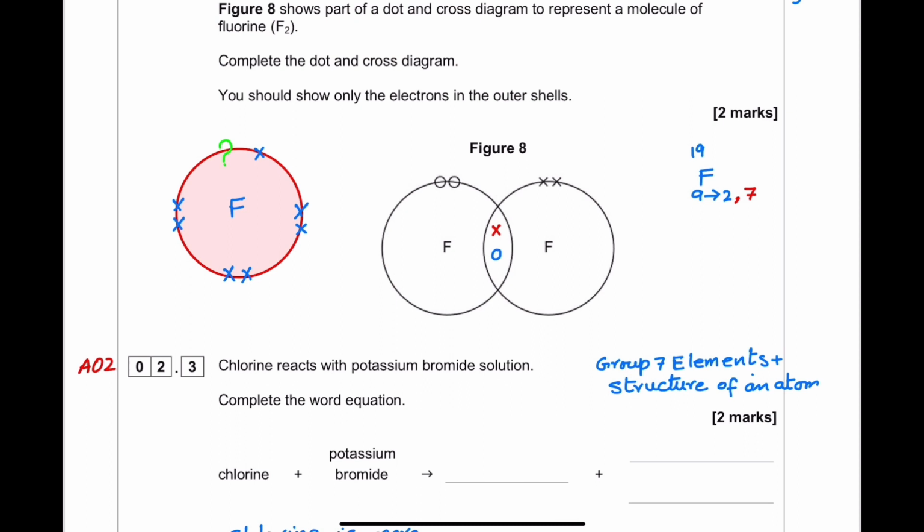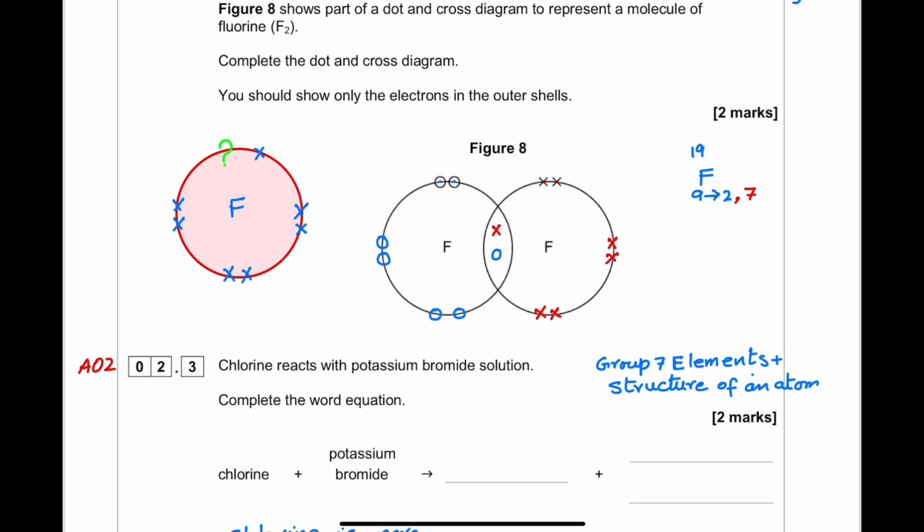So as a result, let's see how many electrons are there. 1, 2, 3, 4, 5, 6, 7, and 8. Similarly, for this fluorine, it has 1, 2, 3, 4, 5, 6, 7, and 8.